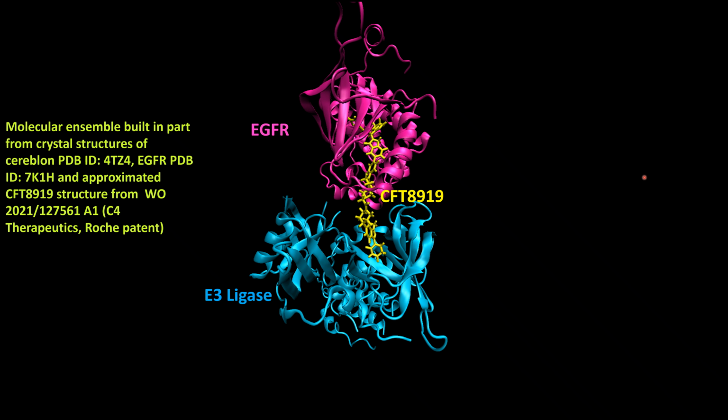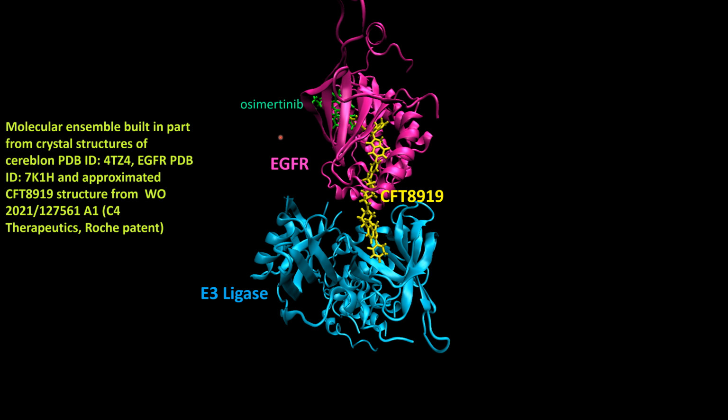Thus, CFT was arranged in a structurally plausible conformation, guided by known ligand orientations within their respective binding pockets to promote the formation of a stable ternary complex. Additionally, a well-known ligand was placed in the orthosteric site of EGFR to reflect its known binding mode.